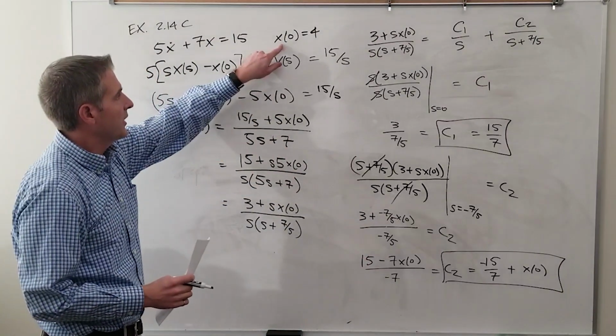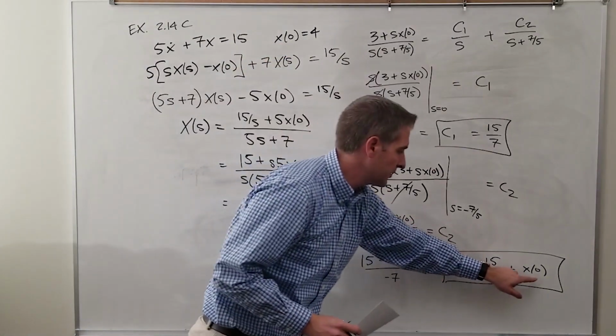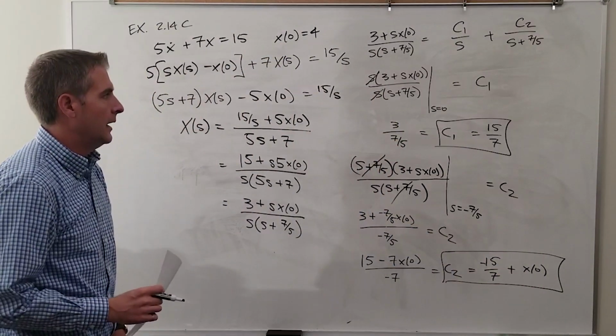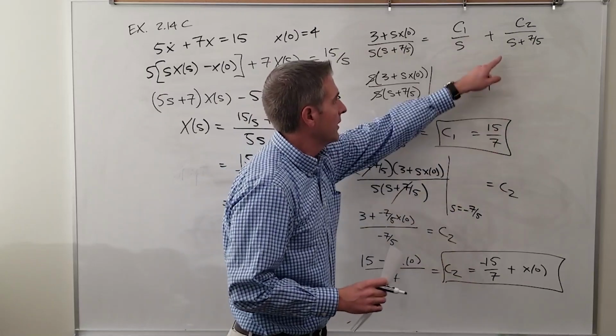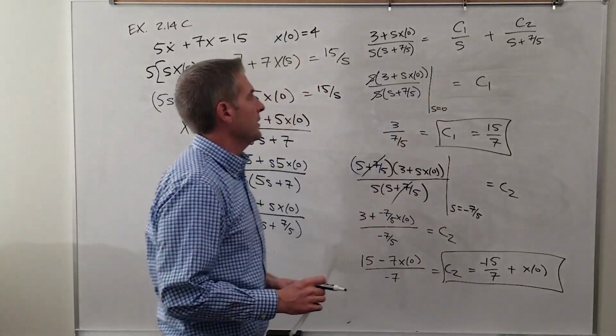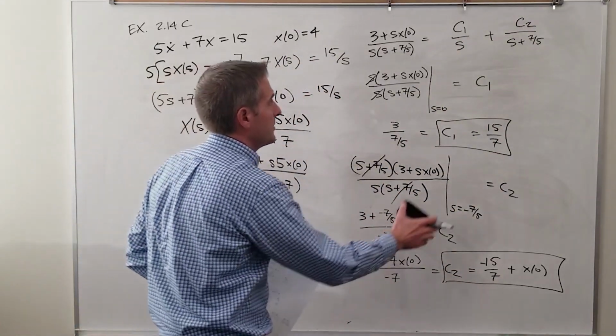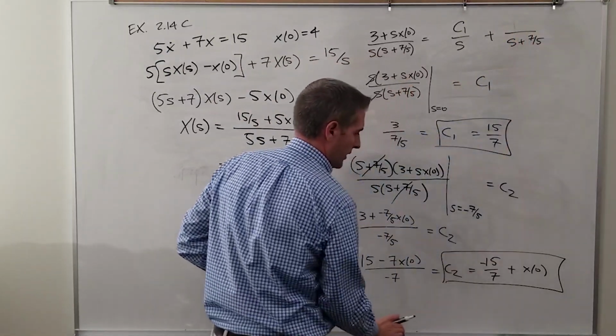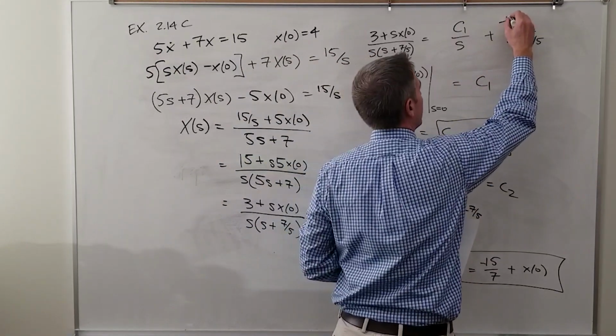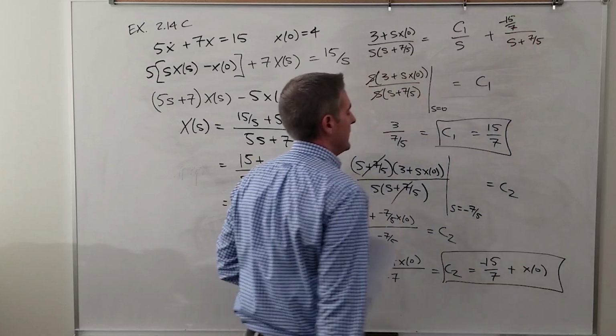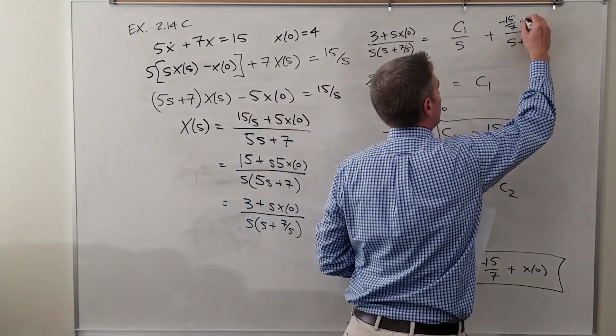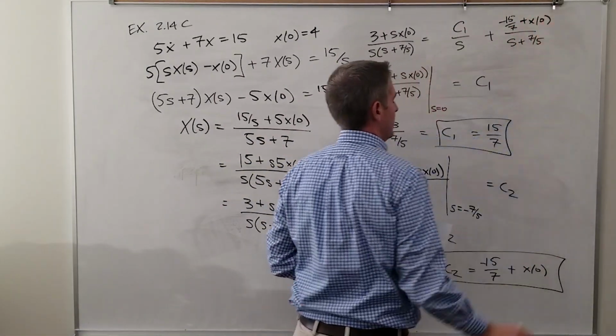At any time, I can actually put x0 to be equal to 4 right here. Well, if that's the case, let's now use this equation. In this case, I'm going to replace C2 with this value, so minus 15 over 7 plus x0.